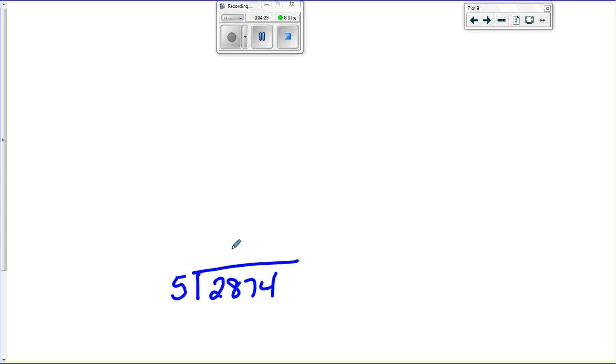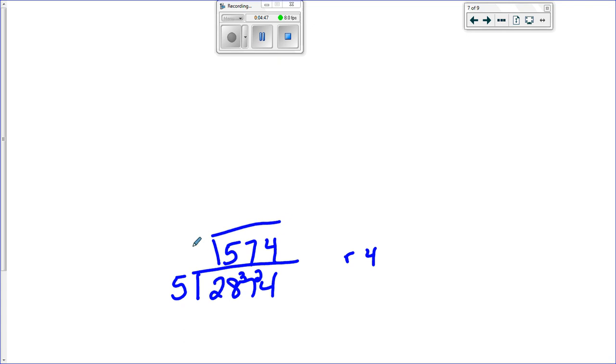So 5 goes into 28 5 times with the remainder of 3. So I just put the 3 here just to make it so now it's 5 into 37. That goes 7 times with a remainder of 2. 5 goes into 24 4 times with a remainder of 4.